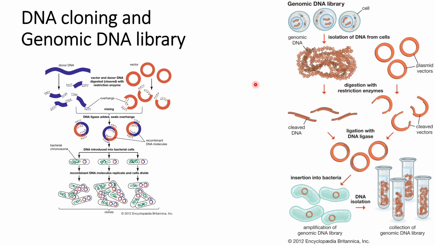So in this case, a few kinds of possibilities can occur. The first is that one recombinant DNA will bind to another recombinant DNA, or one vector will bind to another vector, and the third is the desired binding, where the vector binds to the DNA.